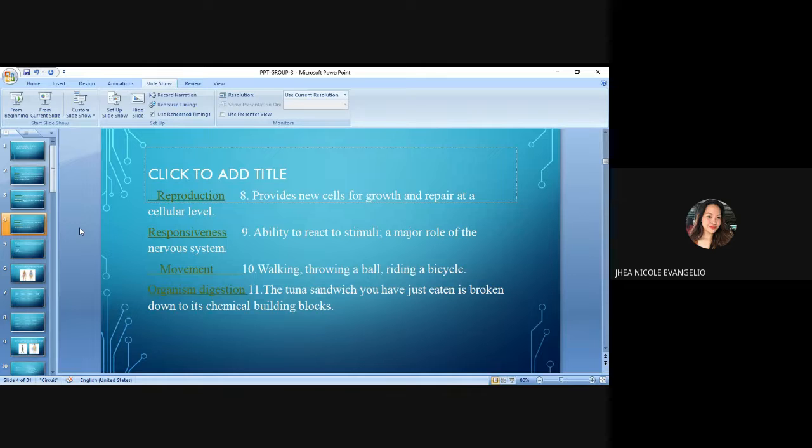Number 10, walking, throwing a ball, riding a bicycle. The answer is movement, which is a movement of substances. Number 11, the tuna sandwich you have just eaten is broken down into its chemical building blocks. The answer is digestion, the breakdown and absorption of nutrients.